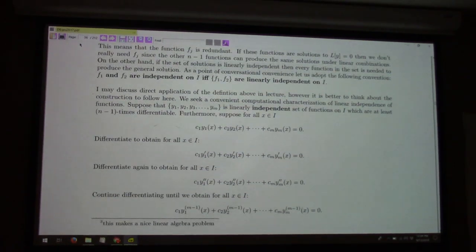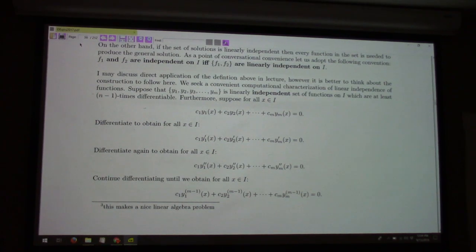All right. So it's useful to have a criteria for testing for linear independence of functions. That criteria is given to us by what's called the Wronskian. Let me derive it for you. Here's the derivation. So if we have linear independence of functions on I, that means that this linear combination is equal to 0 for all x in the interval. But if this equation is true for all x, we can differentiate it.